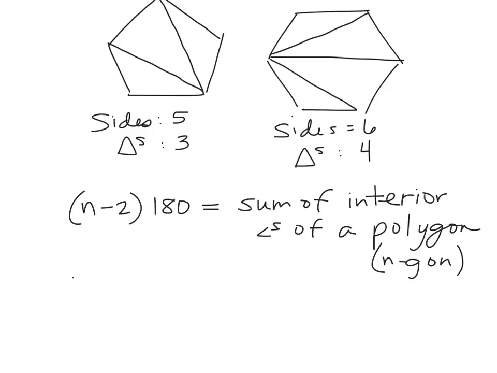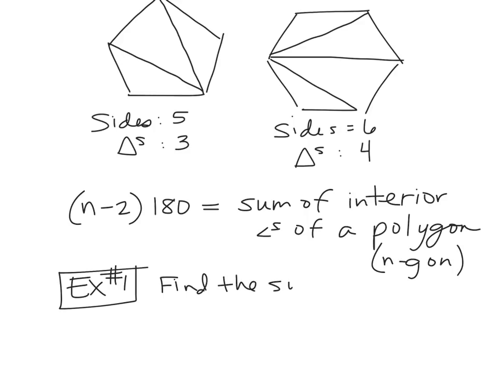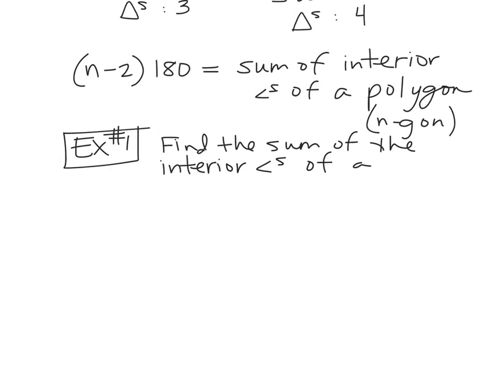So the first thing you're going to have to do with this is they'll say find the sum of the interior angles of a, and you pick a number. So we'll say of a 15-gon.